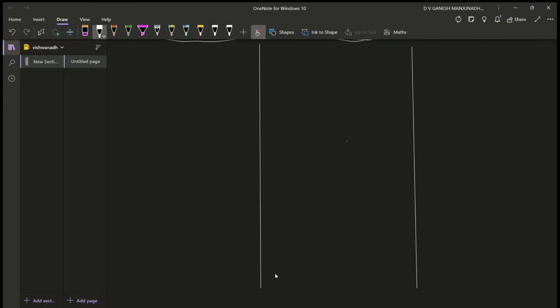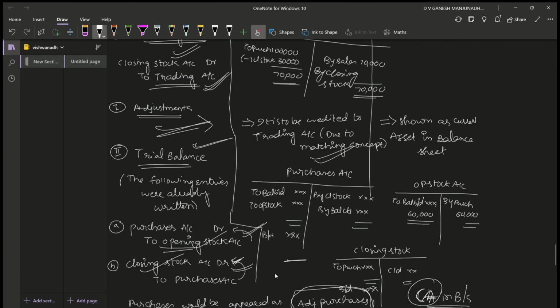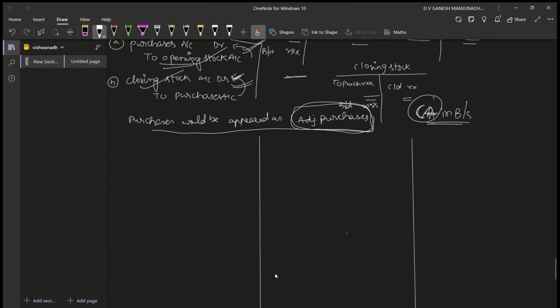The next adjustment is the twelfth adjustment, right?